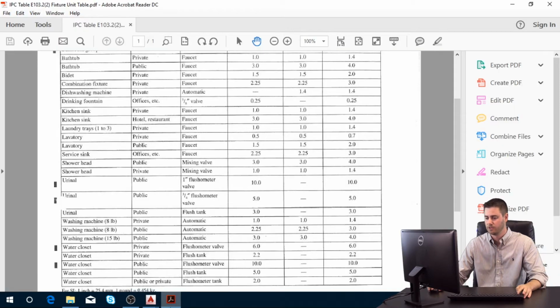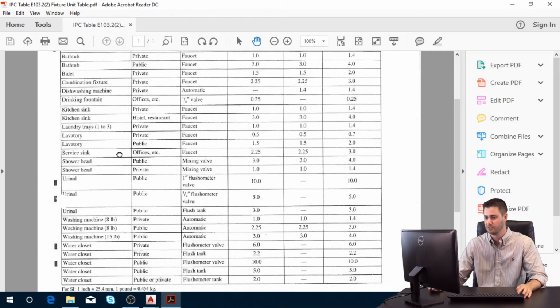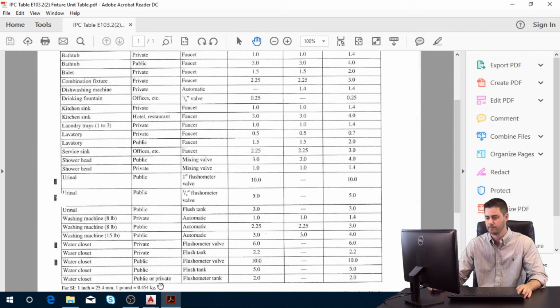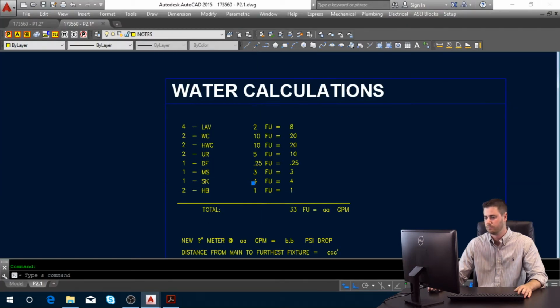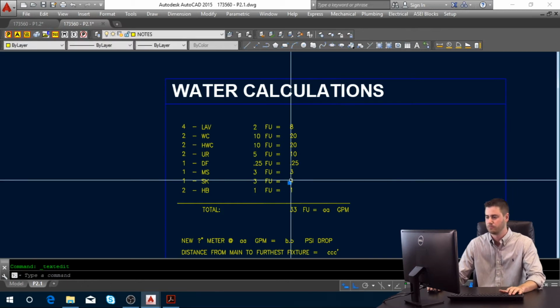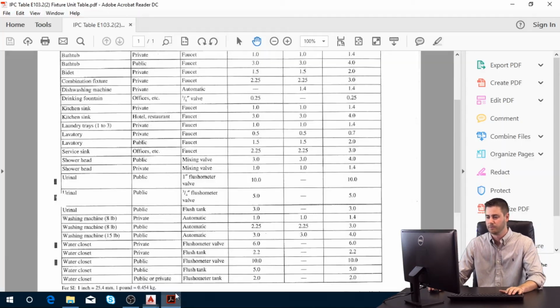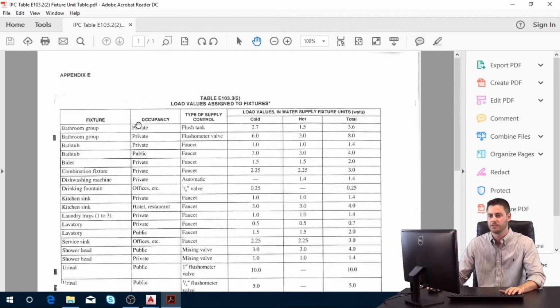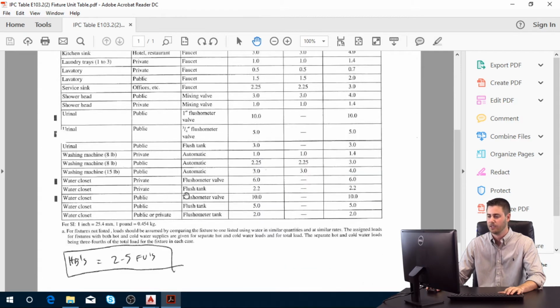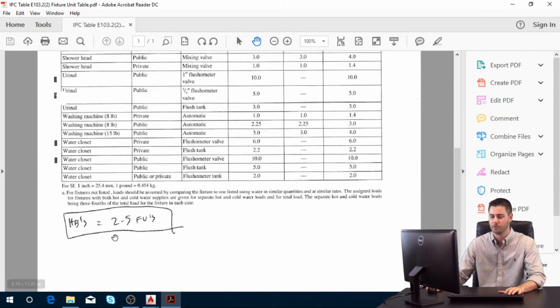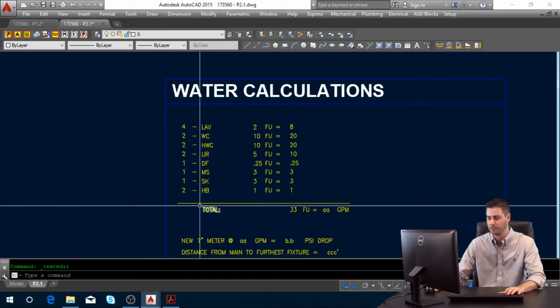Next is your break room sink, which we use the same as the service sink in this case. And lastly, your hose bibs. Now the IPC doesn't necessarily show it in their table, so based on our experience and knowledge, we use 2.5 fixture units for all hose bibs when it's done by the IPC.